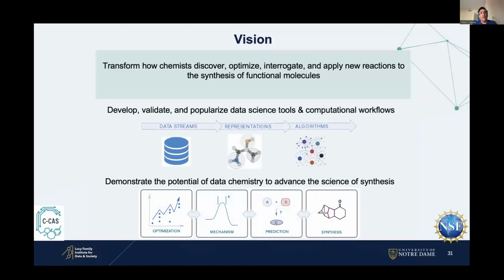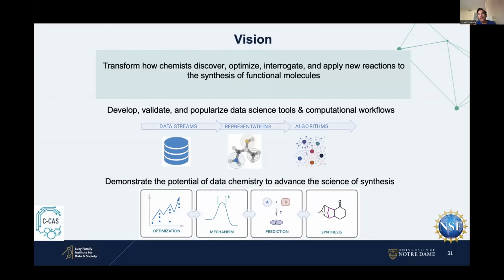So our vision of this center is simple. We want to transform how chemists discover, optimize, interrogate, and apply new reactions to the synthesis of functional molecules. And this vision speaks to the definition of science. There is knowledge discovery. There is new interrogation that will lead to new understanding. And we may create new functional molecules.